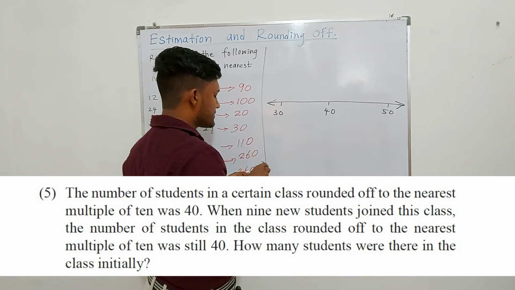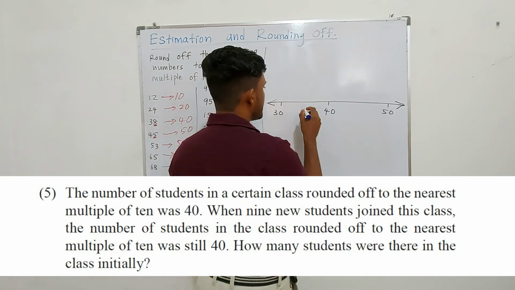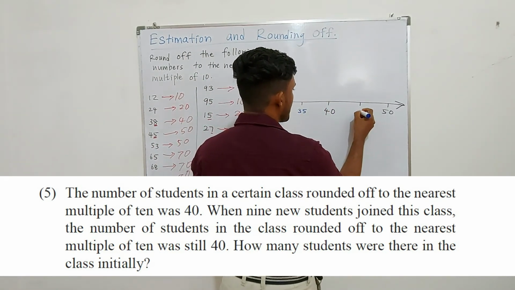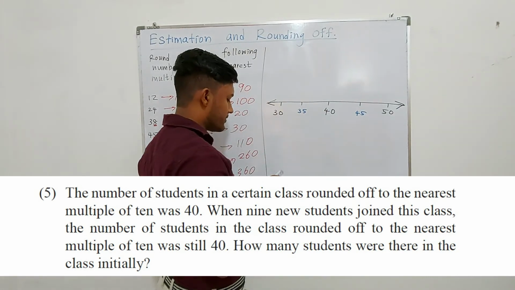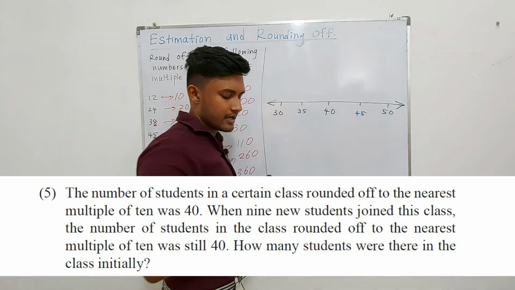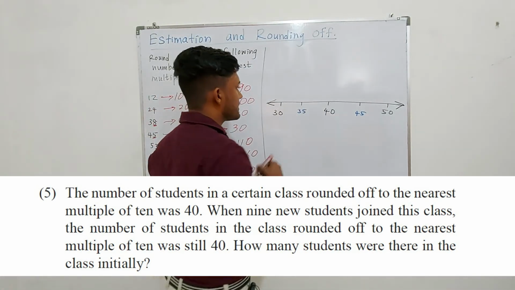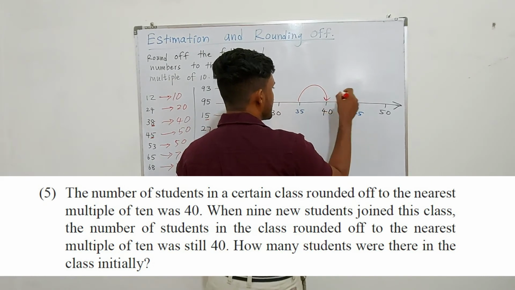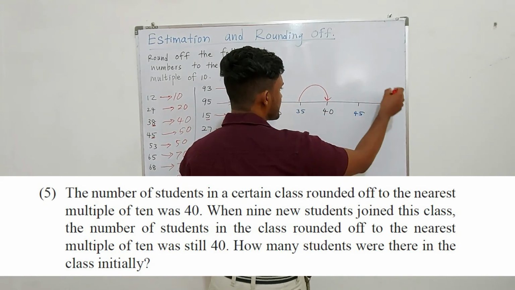Then dear students, we want to get the middle values and see. Here 35 and 45. When 35 is rounded off to the nearest multiple of 10, we can obtain 40. 45 we can obtain 50.